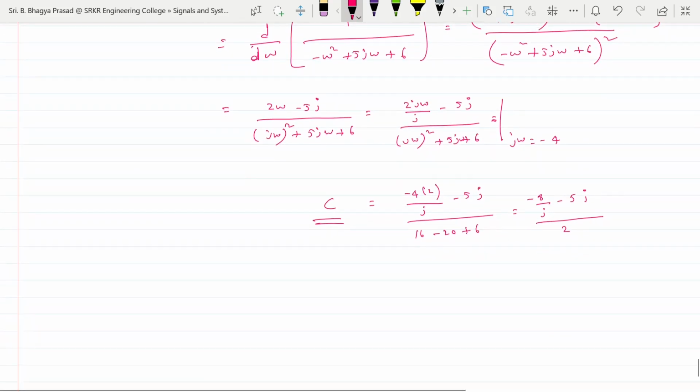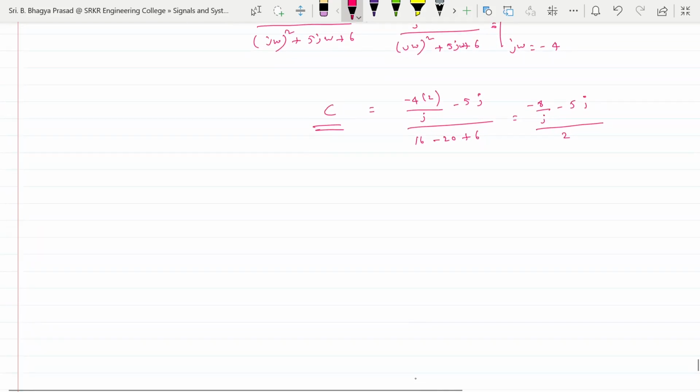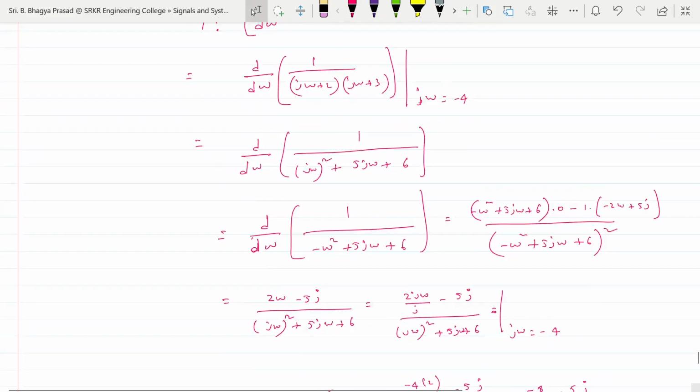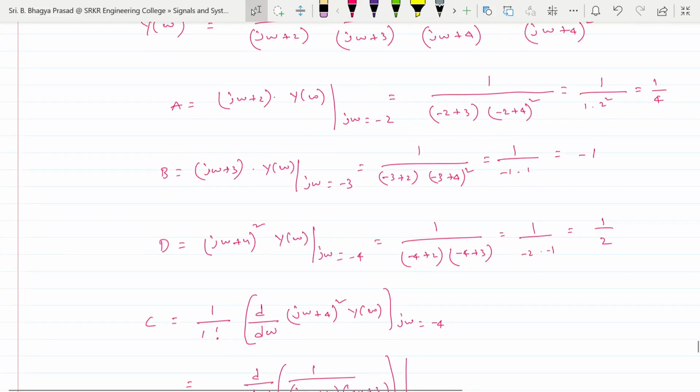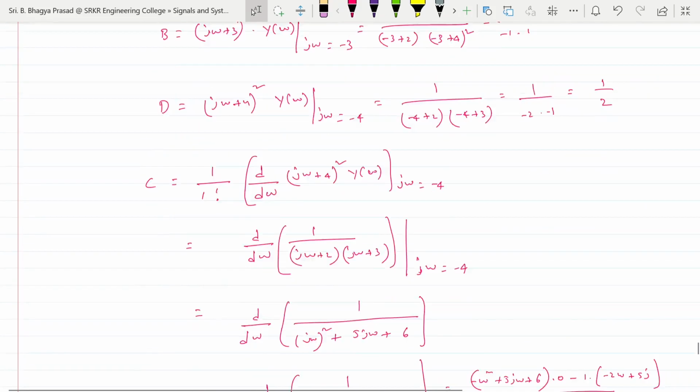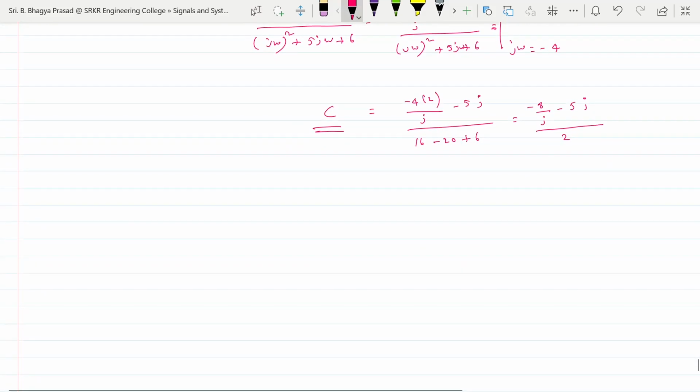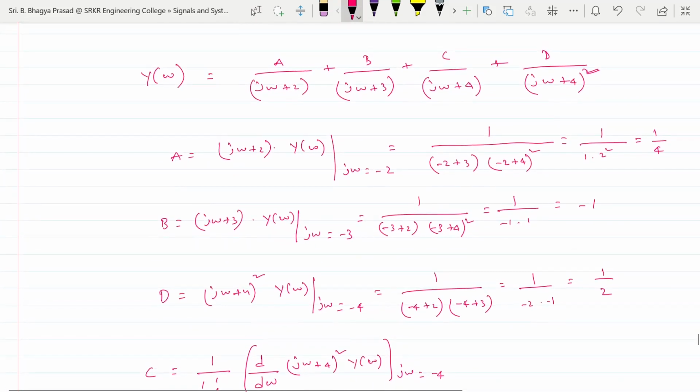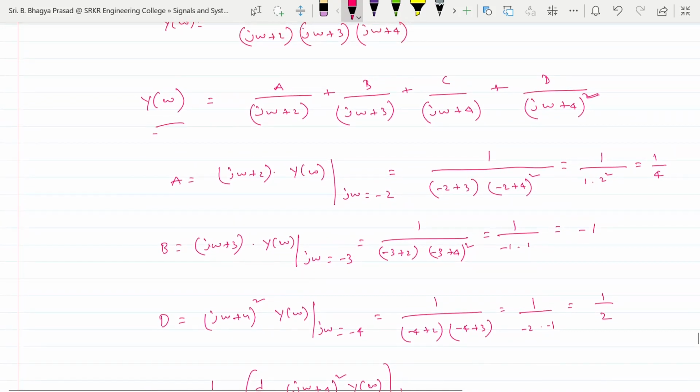Okay, but let me write this c value as it is. So your y of omega will be a by j omega plus 2 plus b by j omega plus 3 plus c by j omega plus 4 plus d by (j omega plus 4) square.